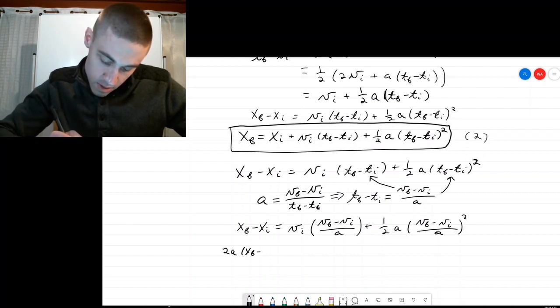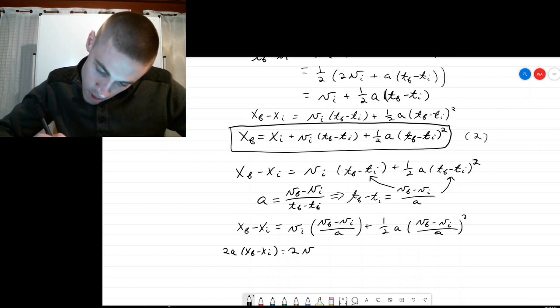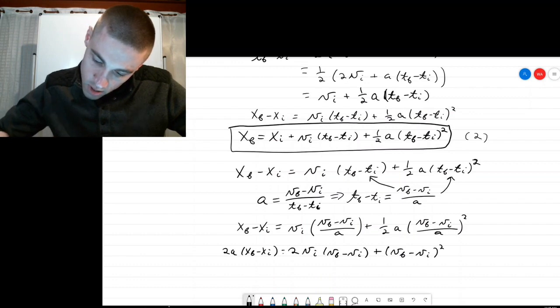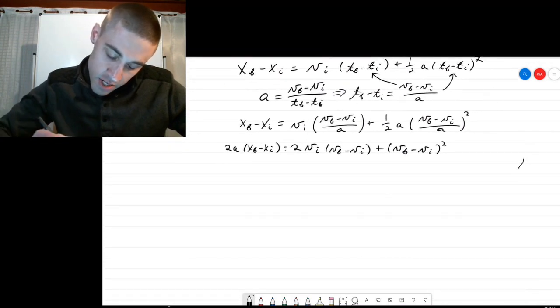2a times x final minus x initial is equal to 2 v initial times v final minus v initial plus, okay, so I had already said there's a 2 and there's an a in the denominator here, so those go away, and I'll just have v final minus v initial squared in the numerator. Okay, now let's factor out a few of these things on the right.